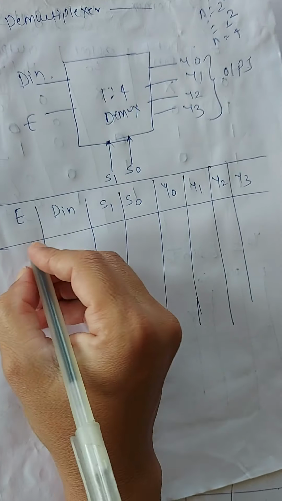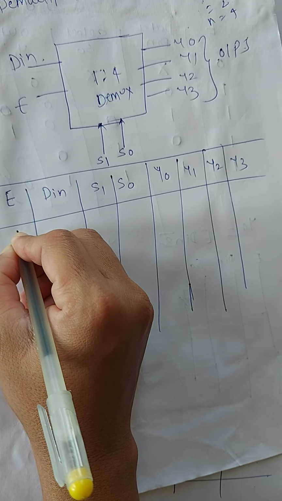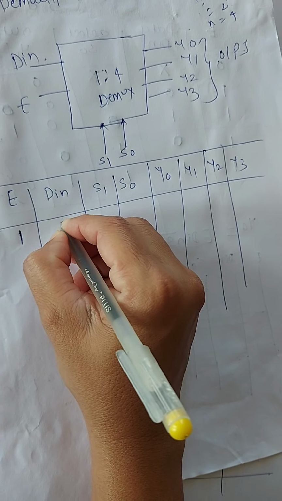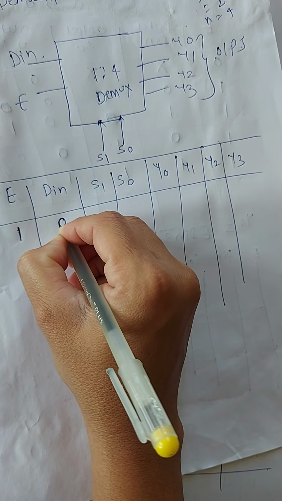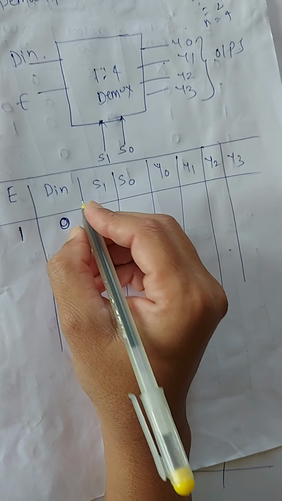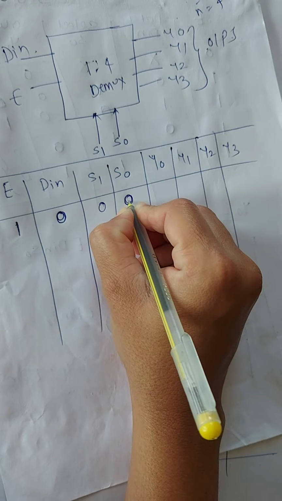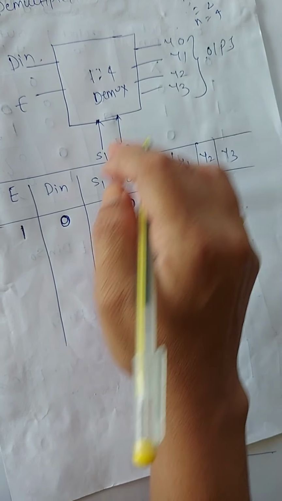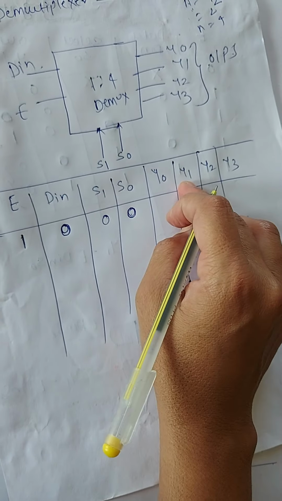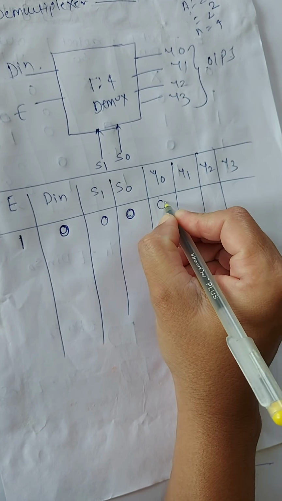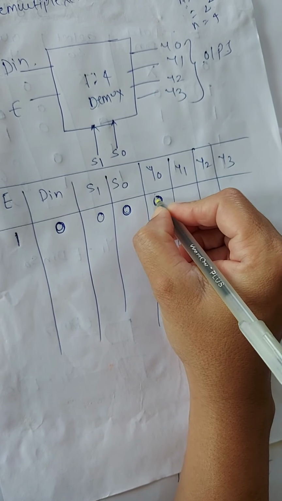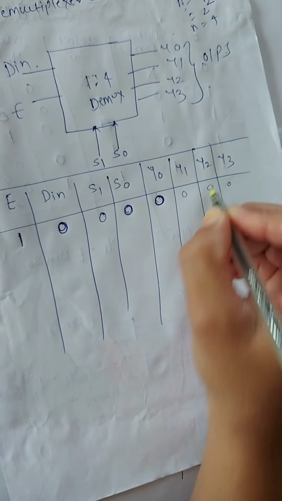Next, whenever enable is 1, for D in data 0, and S1 and S0 are 0, 0, output Y0 is selected. For Y0, D in data is distributed, so Y0 output is 0.